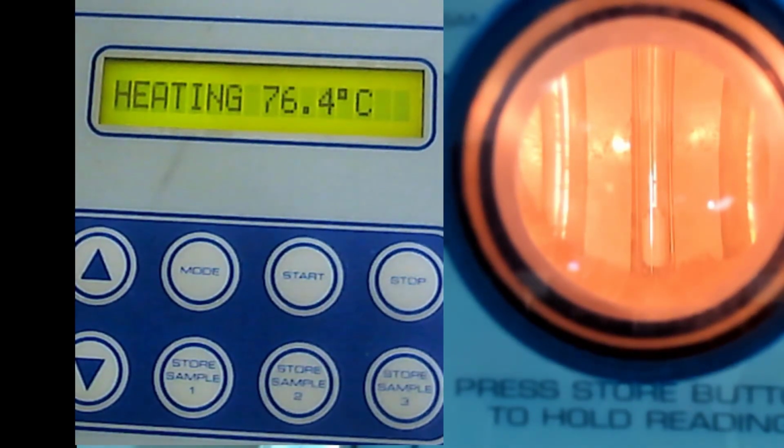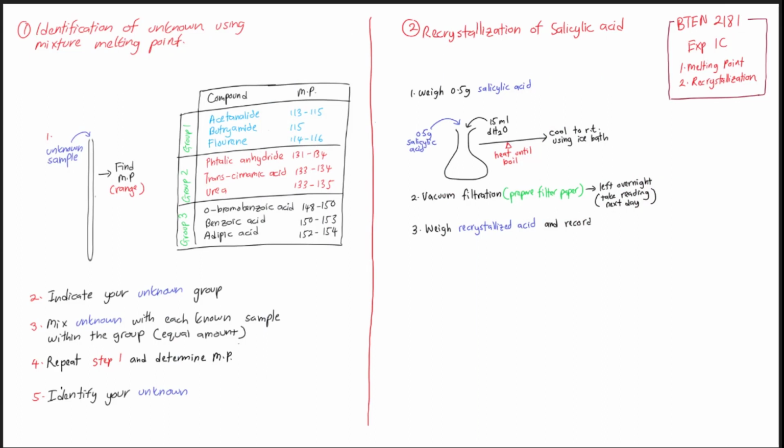Let me zoom a little bit there. For the time being, it is okay because we know our sample will not melt until above 100. But let's say you receive an unknown from somewhere else, then you don't know when it will melt.